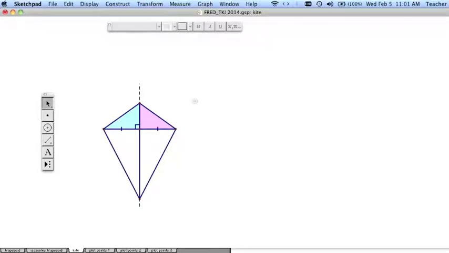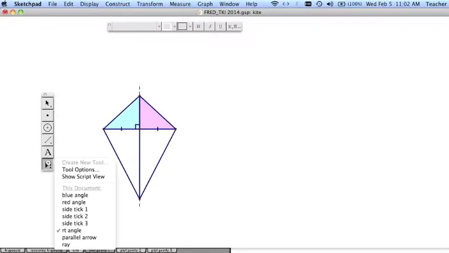It's perpendicular, but only the vertical one in this case is a perpendicular bisector. Listen to what I'm saying. This diagonal is perpendicular and cuts the other one in half. The horizontal one is perpendicular but does not cut the vertical one in half.